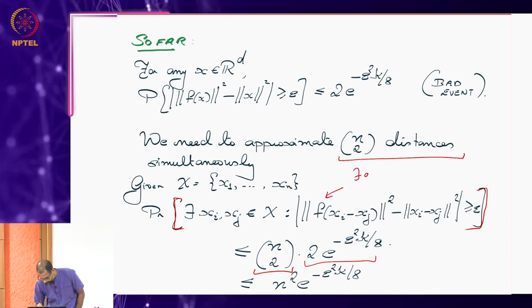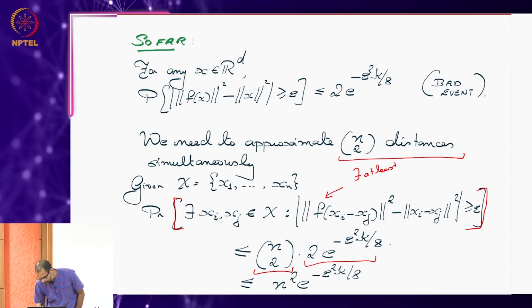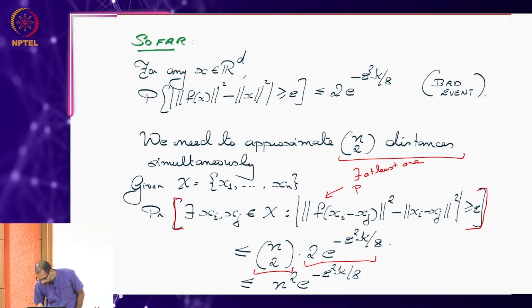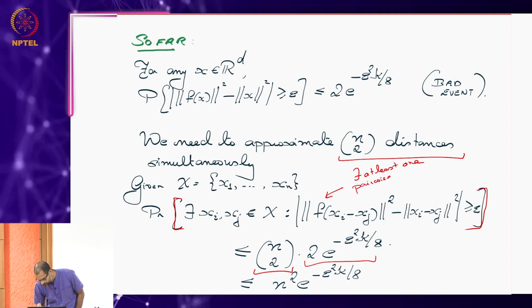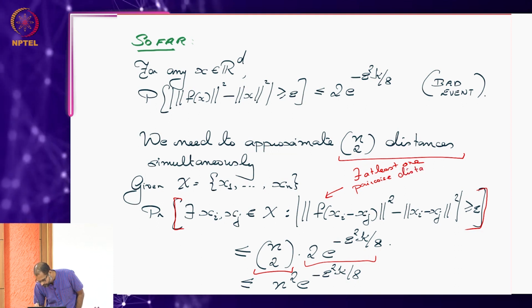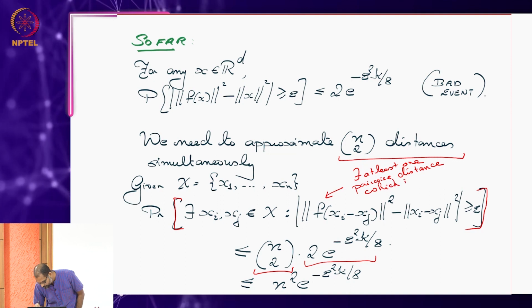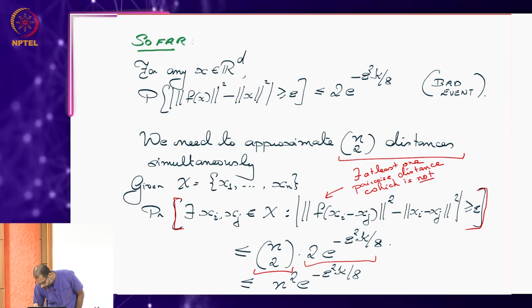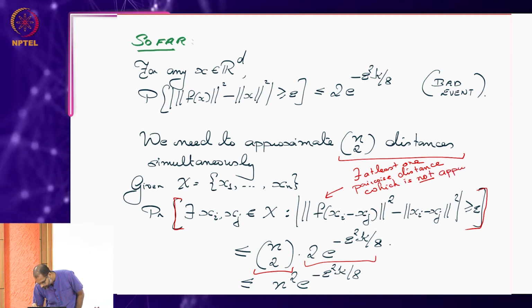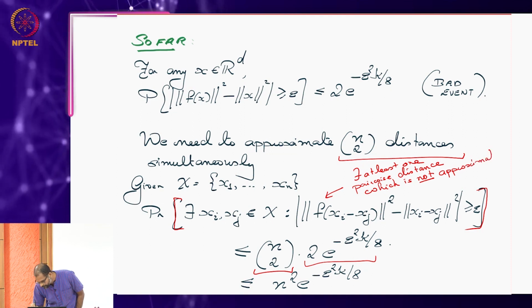There exists at least one pairwise distance which is not approximated well.